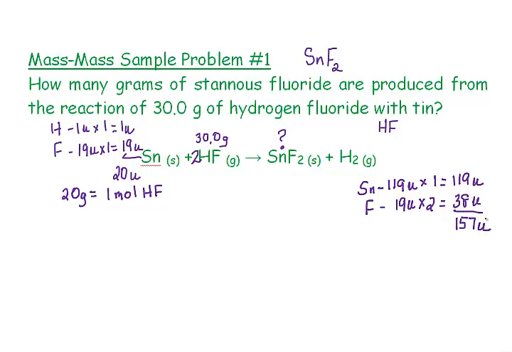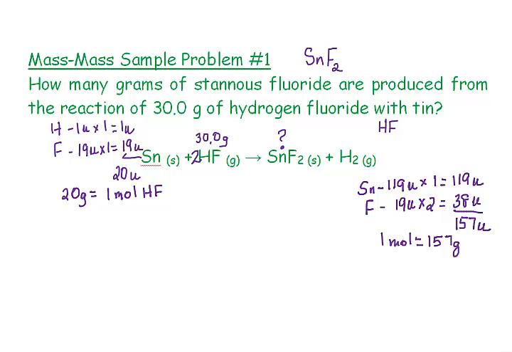But remember, once again, we're not interested in a single formula unit of stannous fluoride. And notice I referred to it as a formula unit because it is ionically bonded. We're interested in moles. So 1 mole of stannous fluoride is going to be equal to 157 grams of stannous fluoride.